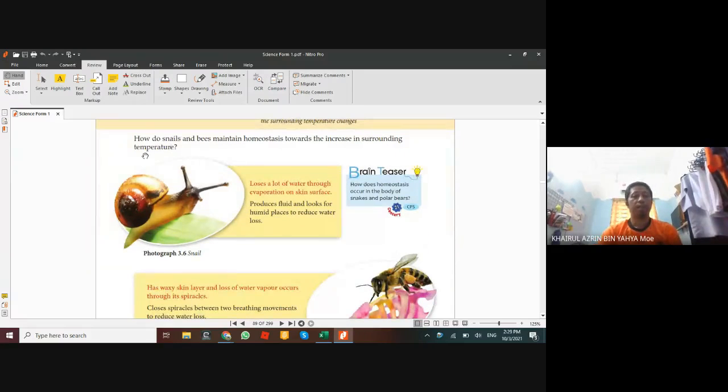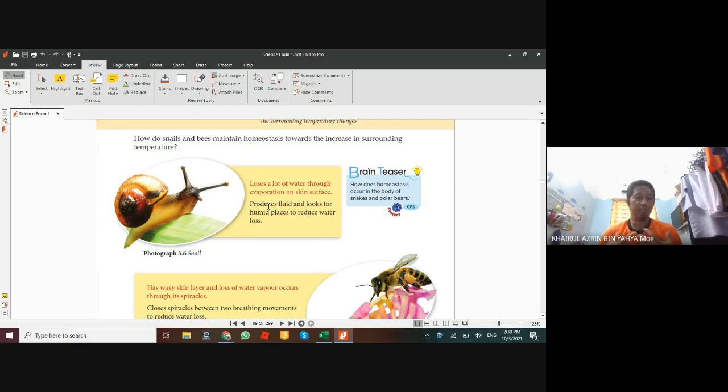Next, how do snails, siput, and bees, lebah, maintain homeostasis towards the increase in surrounding temperature? The snail loses a lot of water through evaporation on the skin surface. On the skin surface, water evaporates, menyejat. So it produces fluid and looks for humid places to reduce water loss.